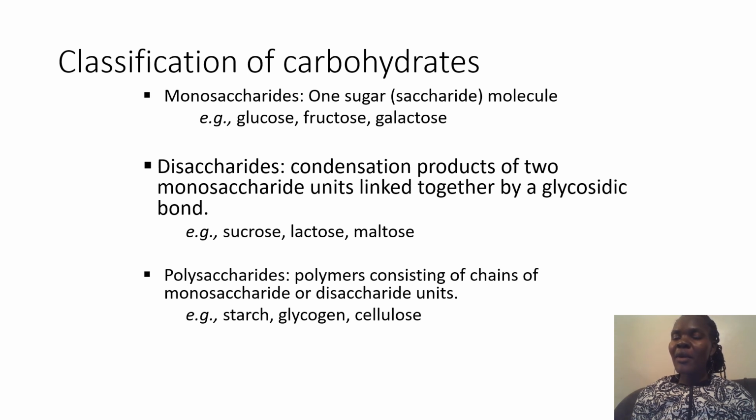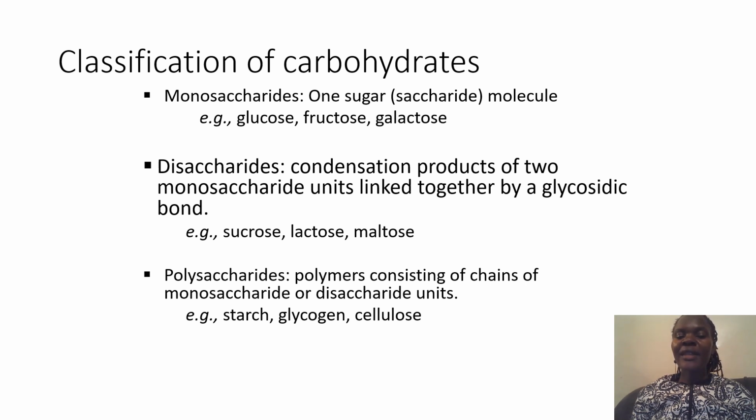Classification of these carbohydrates doesn't change. We have the monosaccharides, the one sugar, the simple sugars, which you can't hydrolyze further. The best examples of the monosaccharides are glucose, fructose, and galactose.